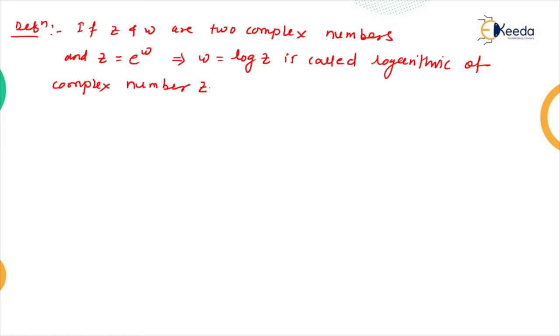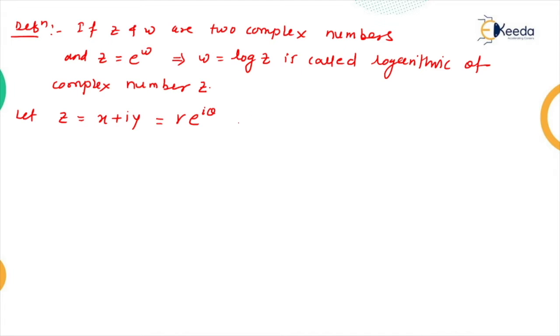Now let's suppose z is equal to x plus iy. This is in Cartesian form, guys, and if you substitute x is r cos theta and y is r sin theta, then you get the complex number in exponential form as r into e to the power i theta.